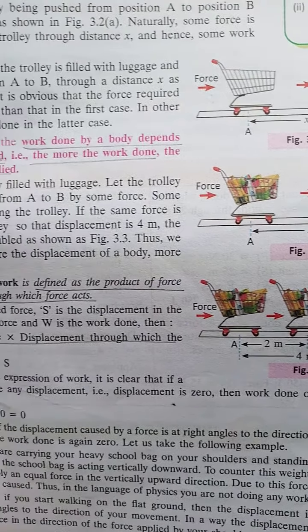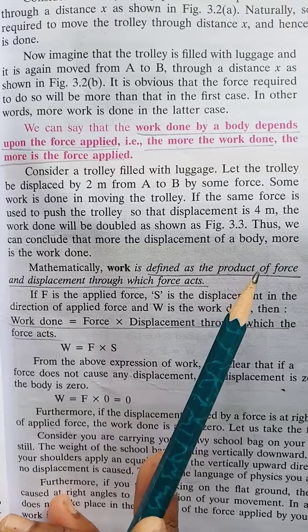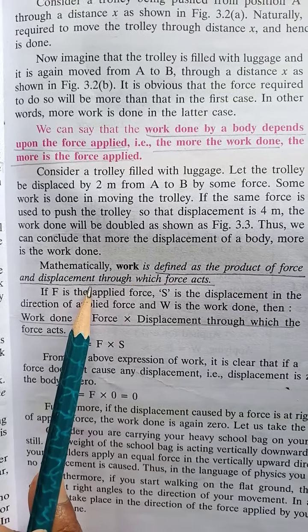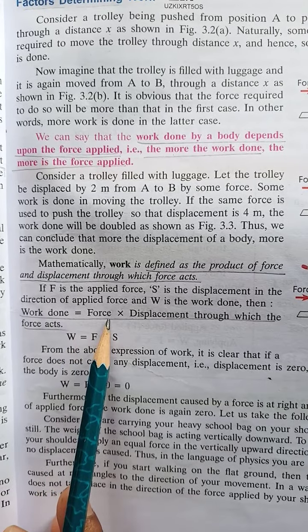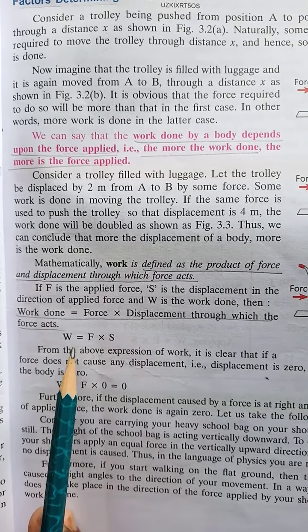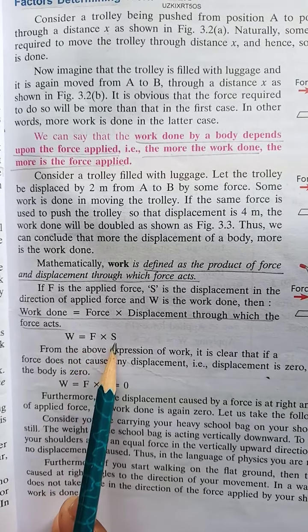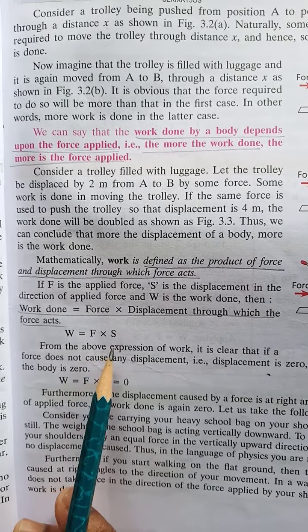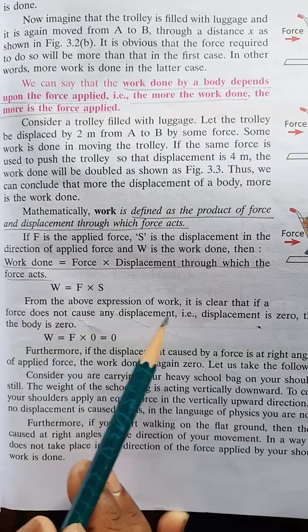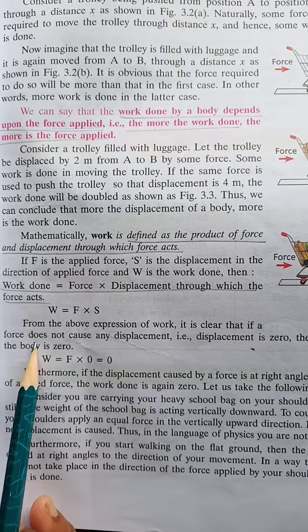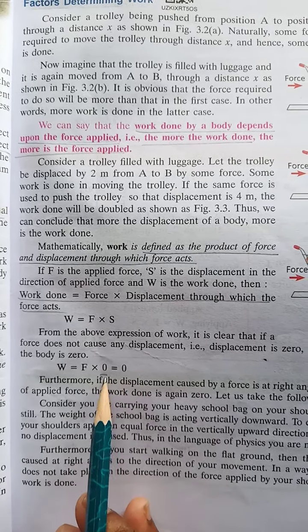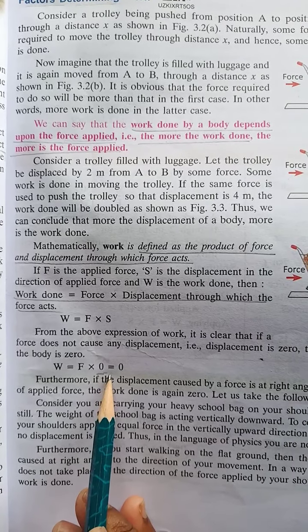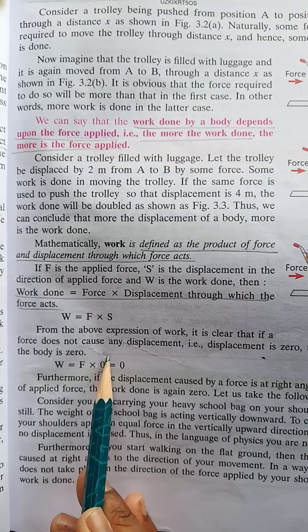Then mathematically, work is defined as the product of force and displacement. Then work done is equal to force into displacement. Then W is equal to F into S. From the above expression of work, it is clear that if a force does not cause any displacement, no distance is moved, no distance travelled, then S is equal to 0.